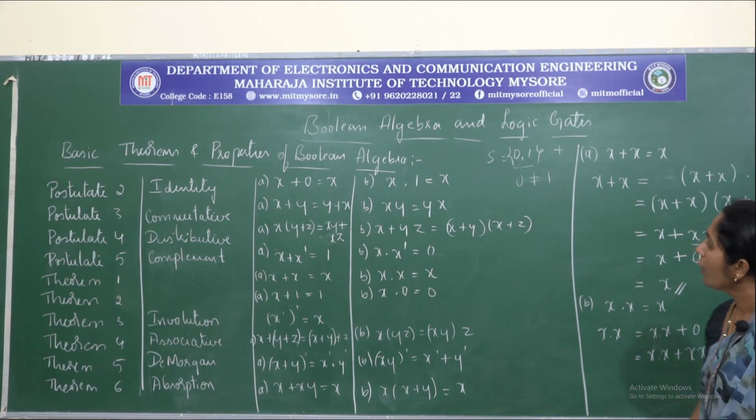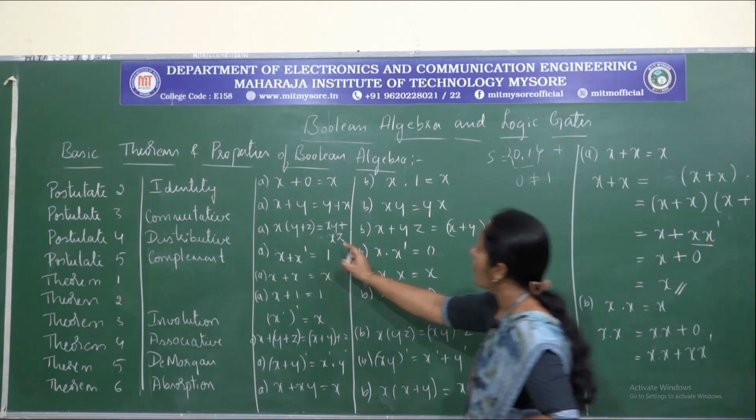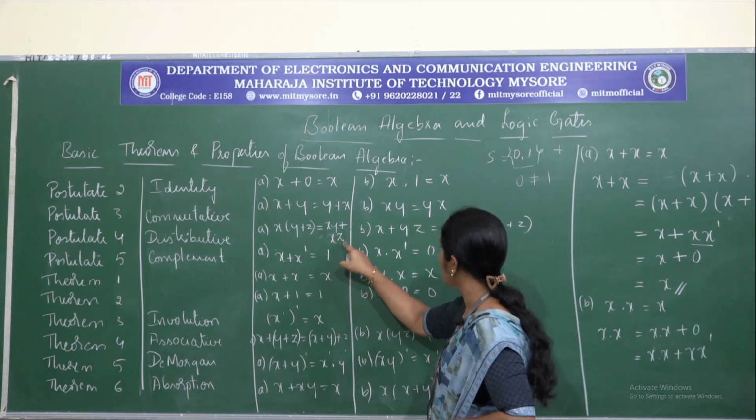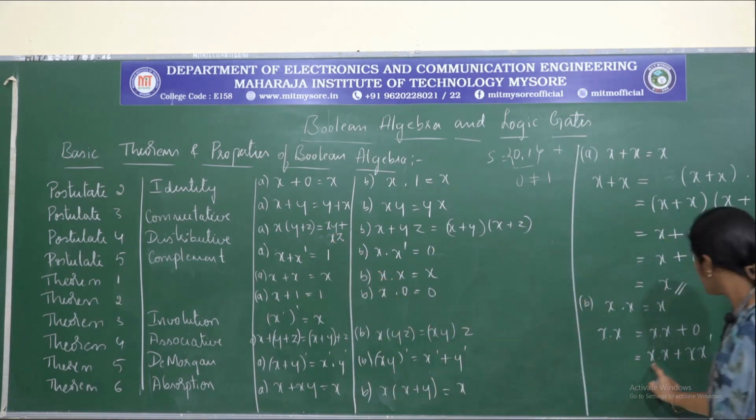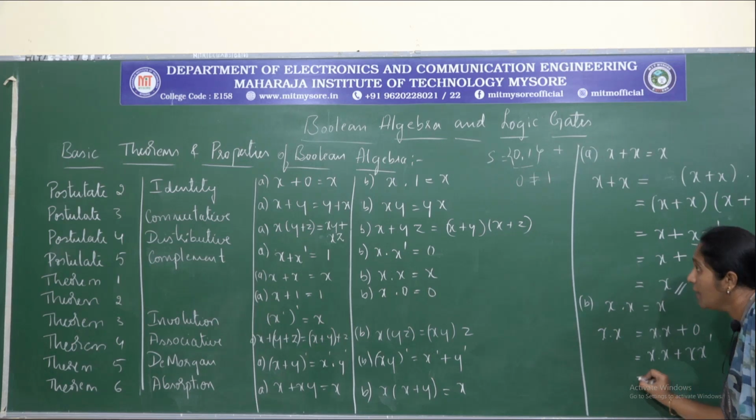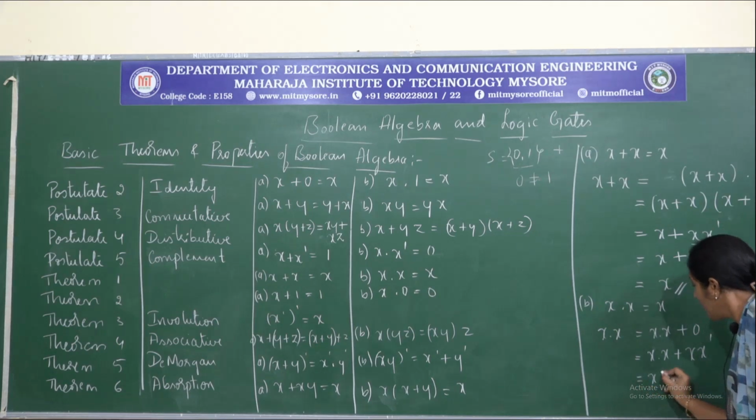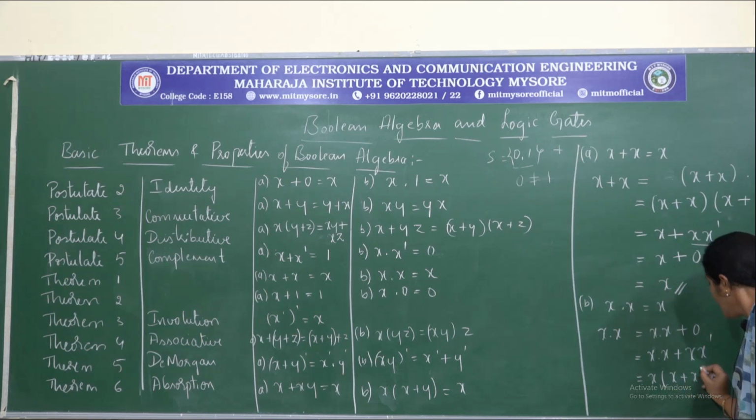Now let us consider postulate 4. We have the xy plus xz format here, which can be written as x into y plus z.